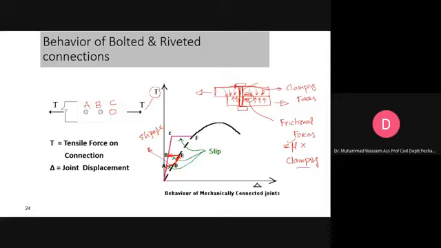So the frictional forces will resist the applied load. Once the slippage occurs again, it will again shift to the contact between the plates and the fastener. So you can say that the behavior of a bolted or riveted connection consists of two types of mechanism, frictional force and the clamping force.